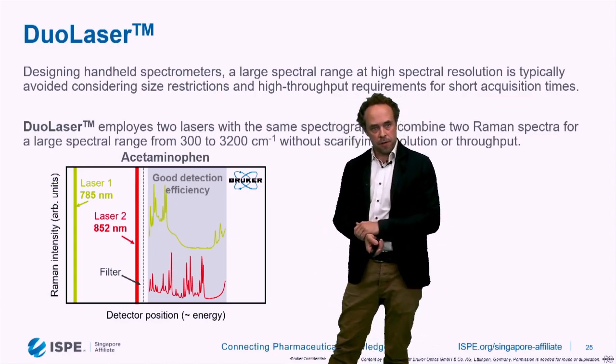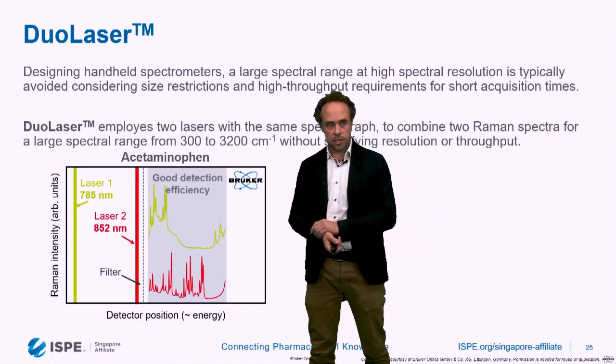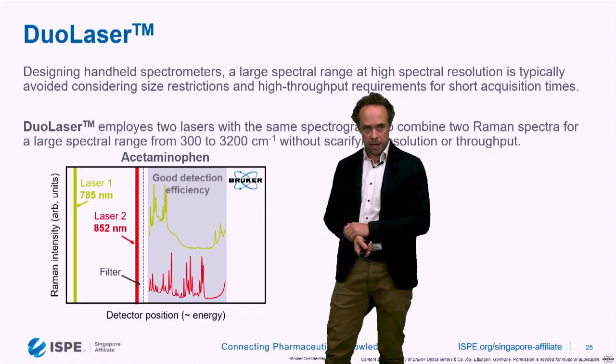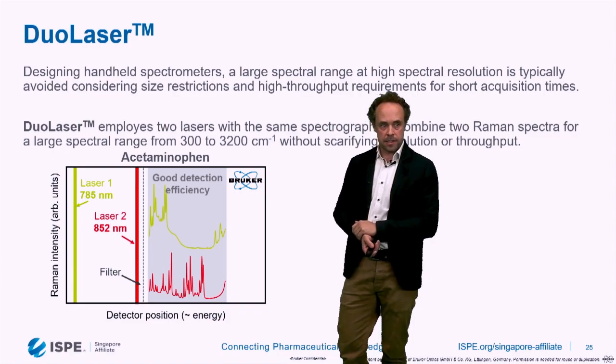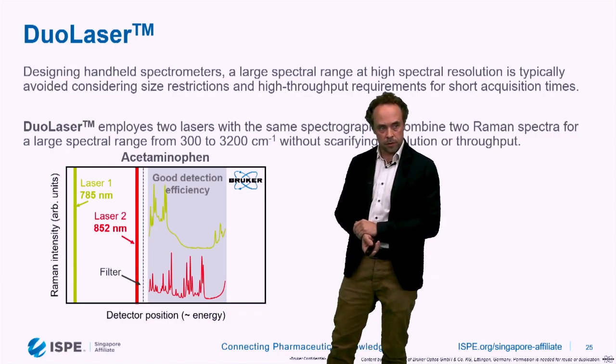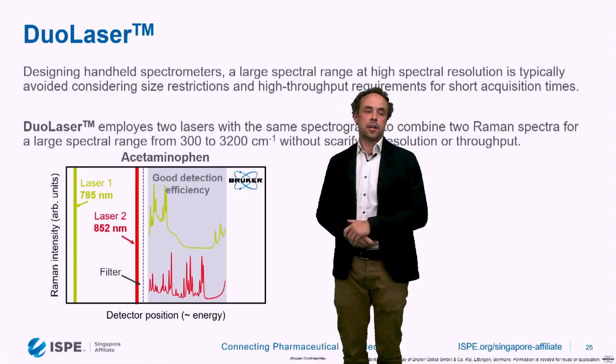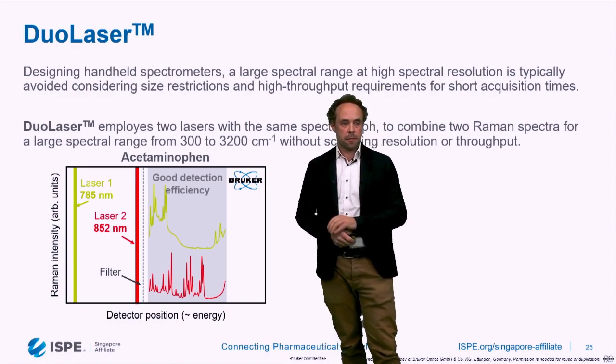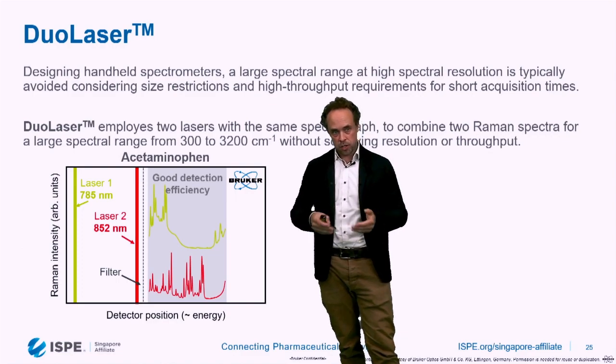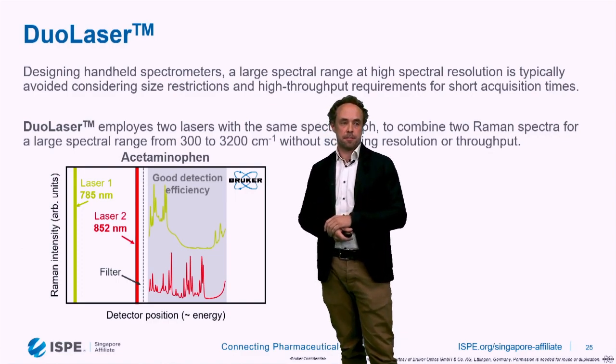So with the Bravo, we're employing dual laser technology, meaning we are using two lasers for our excitation, one laser with 785 nanometer and one with 852 nanometers. With both lasers, we are measuring a spectrum in the same wavelength range of the spectrograph.